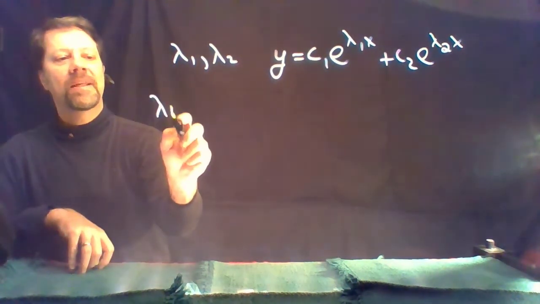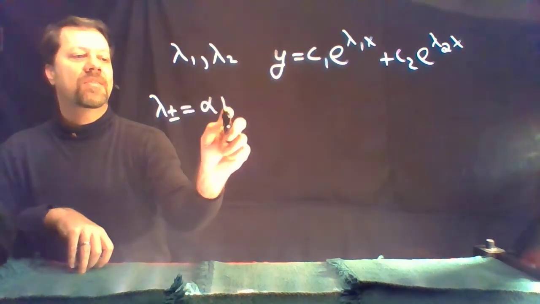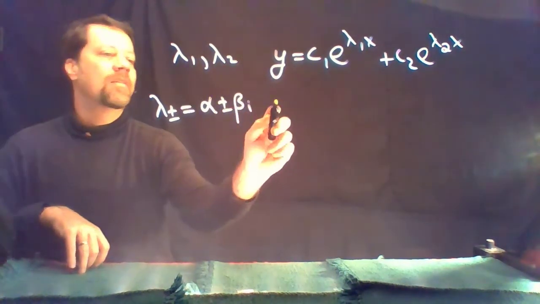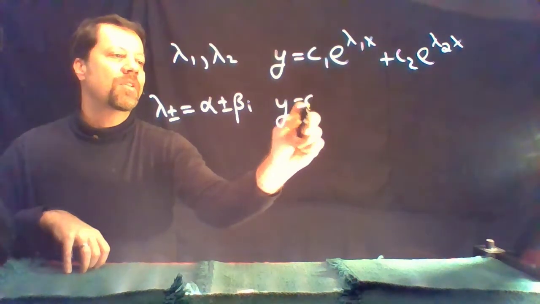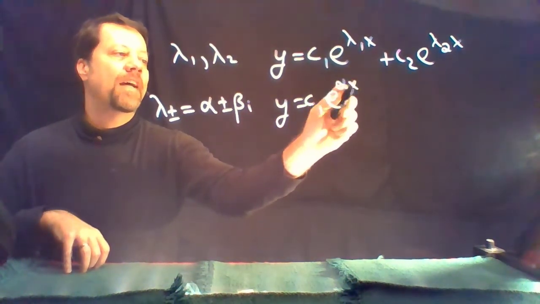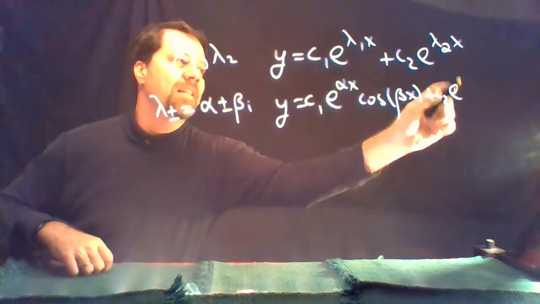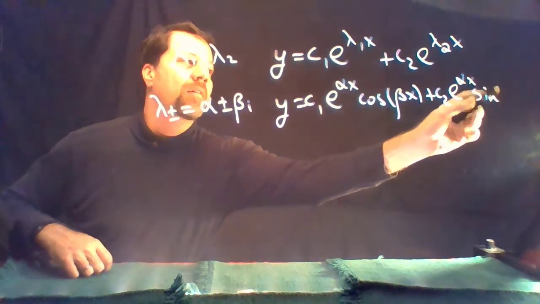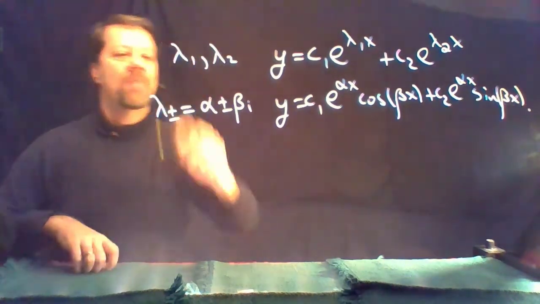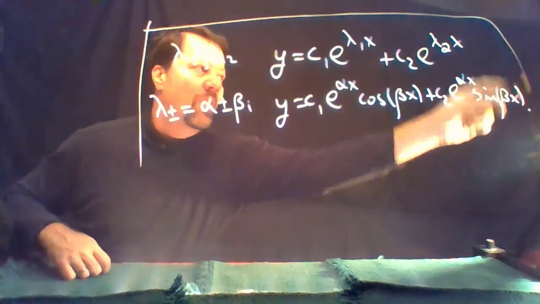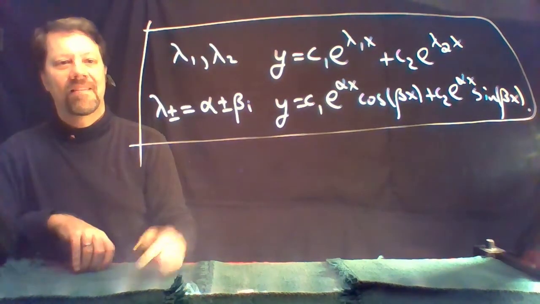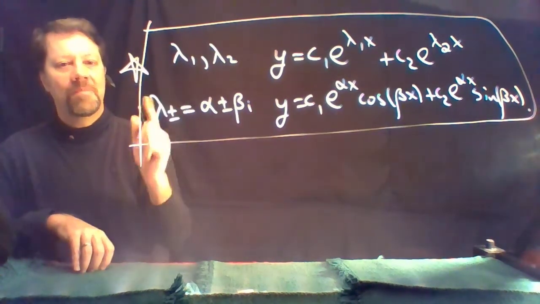In the case that we get complex conjugate solutions, we get the general solution to be C1 e to the alpha x cosine beta x plus C2 e to the alpha x sine beta x. You need to memorize this. But there is one more case. I'd like to approach this next case by way of example.